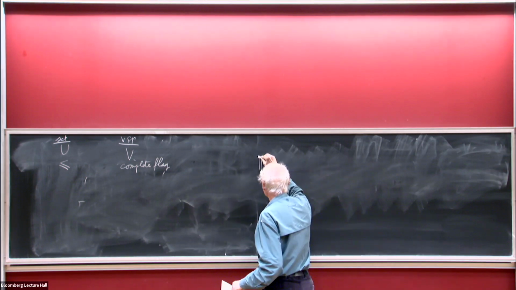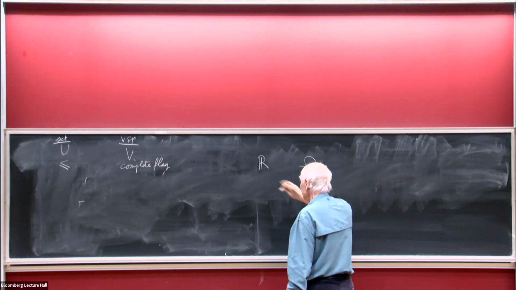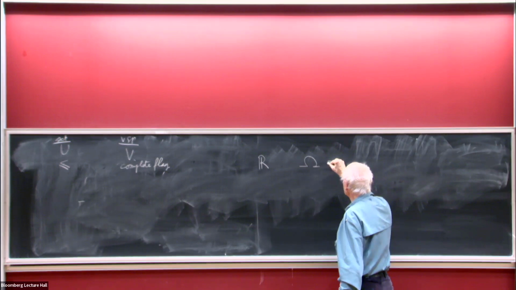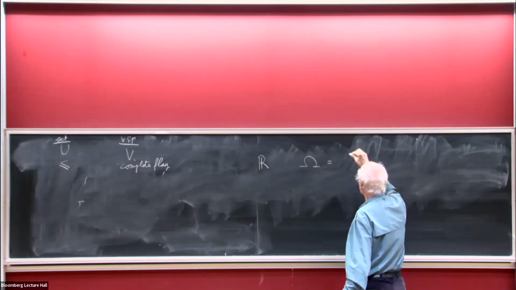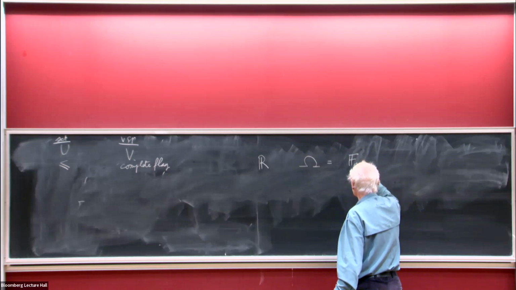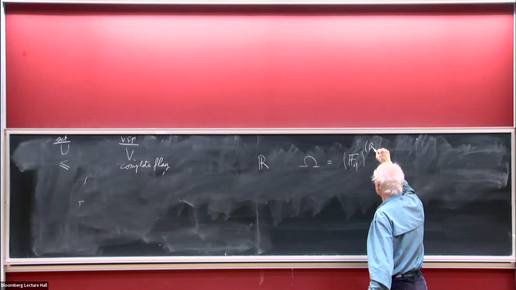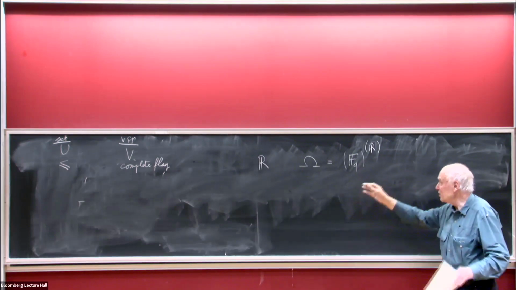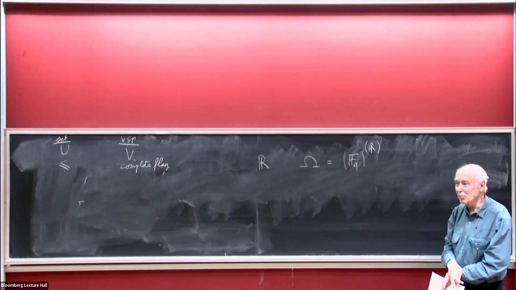You again start with R. But now, it's not on R you will act, but you consider the direct sum of copies of F2, finite field, indexed by R. So it's the infinite dimensional vector space with a basis indexed by the real numbers.